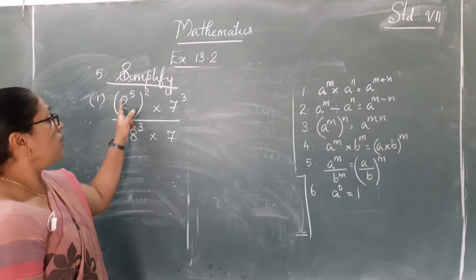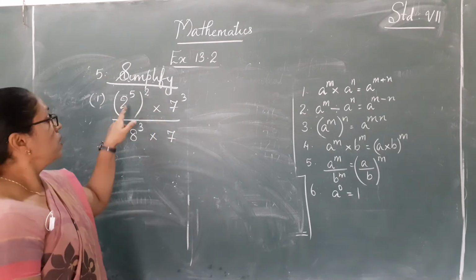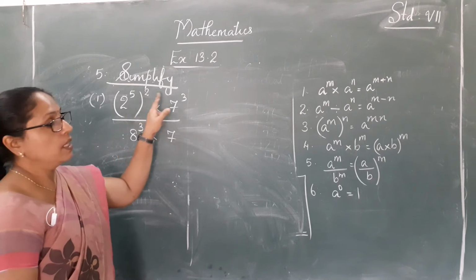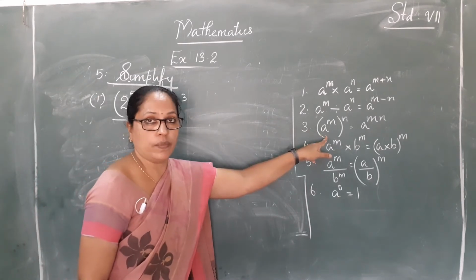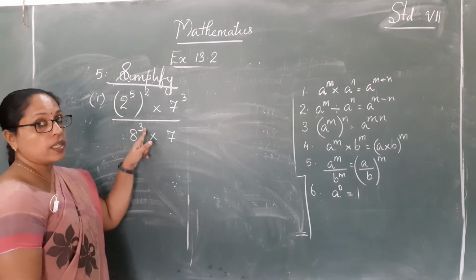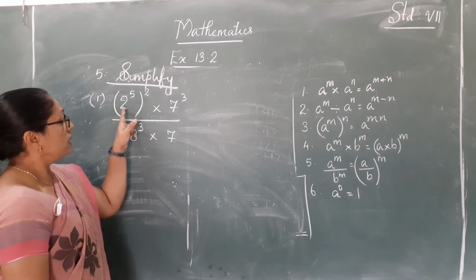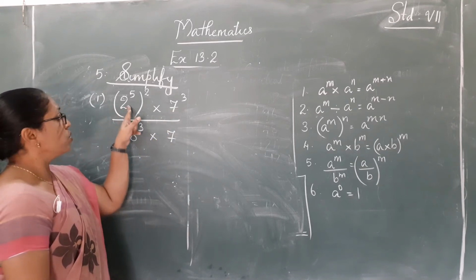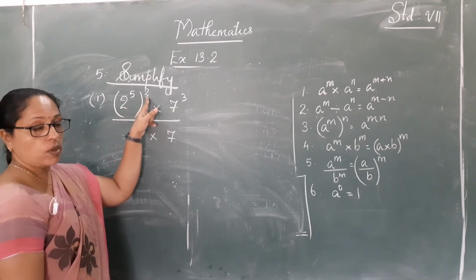First we have to see that all are in the power form. 2 raised to 5, the whole raised to 2, is a double power, so we can use the law. Here 8 raised to 3, and 7 has a pair of 7.